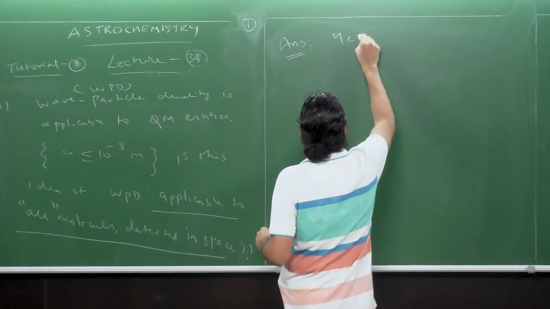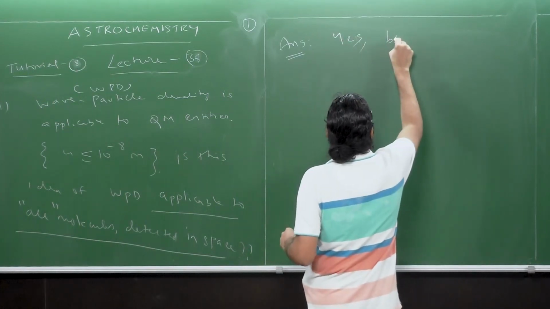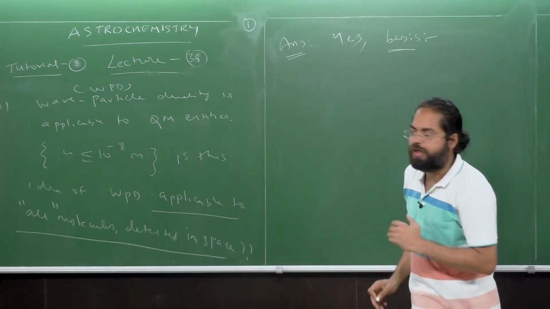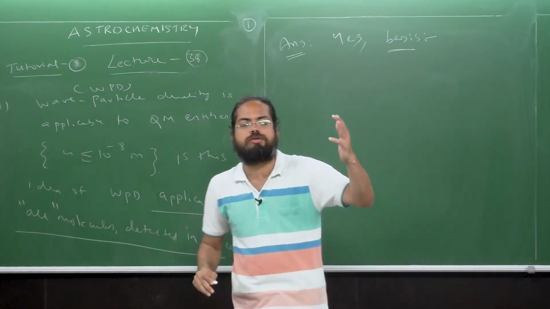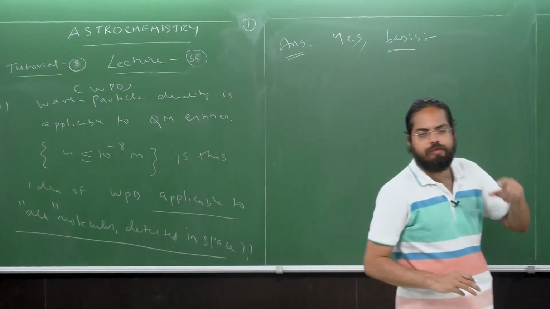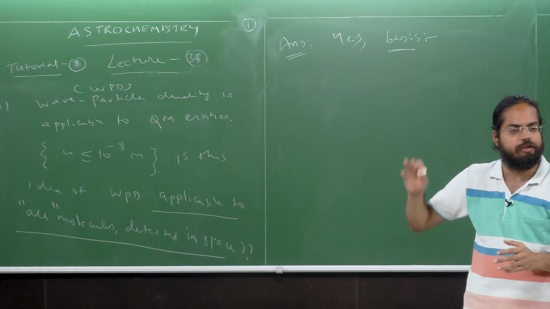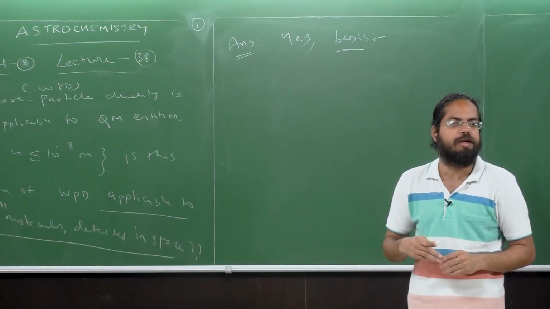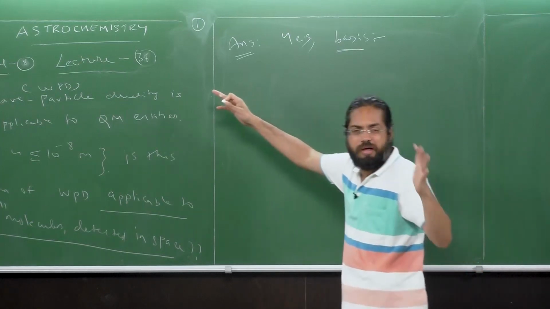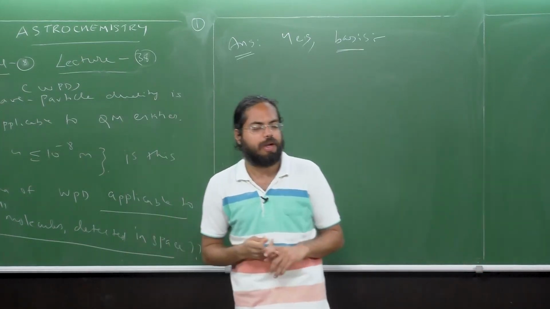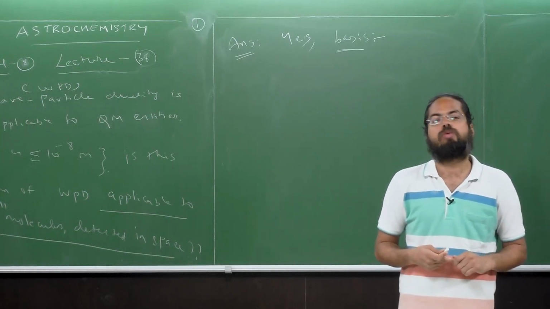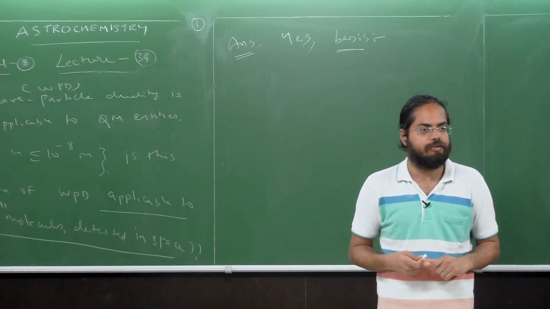And what is the basis? The basis is that molecules as large, right? What is one of the largest molecules detected in space? When we were discussing molecules detected in space, a few lectures earlier, roughly around lectures 20, 22, 24, something like that, what was the largest molecule we saw in space?